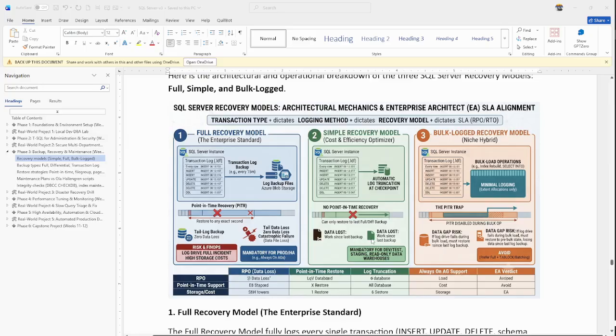So no point in time recovery here. You can only restore to the exact moment of the last full or differential backup. Let's say you took a differential backup on Friday, and then a full backup on Monday.